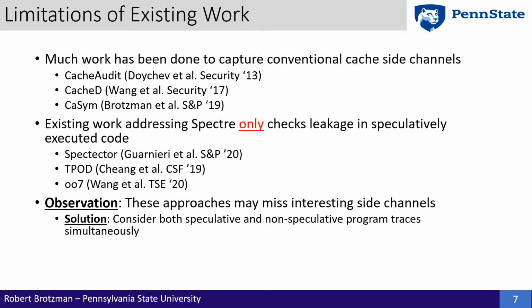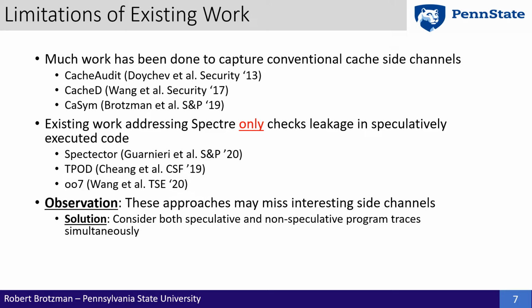One such work is CacheAudit, which uses abstract interpretation in order to identify an upper bound on how much leakage can occur in a program. More recently, we've seen with CacheD and CASM the use of symbolic execution to pinpoint in a program where the leakage is occurring.